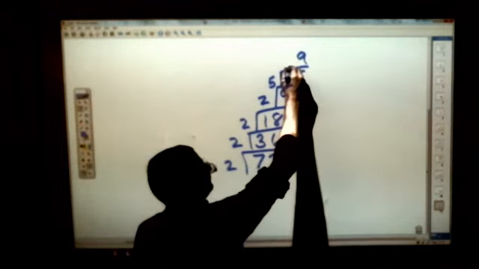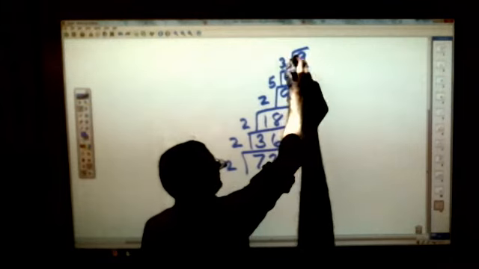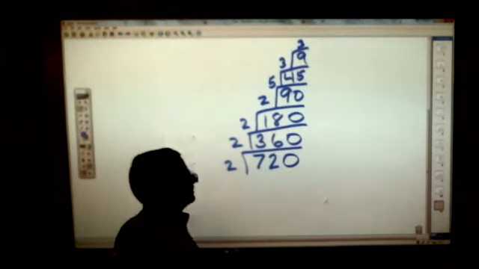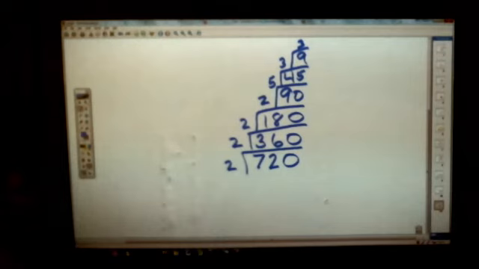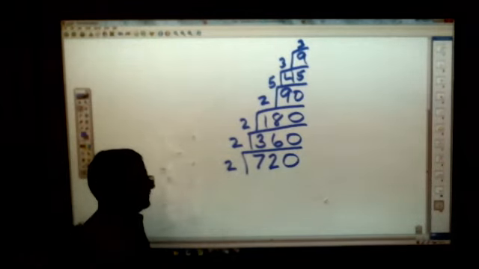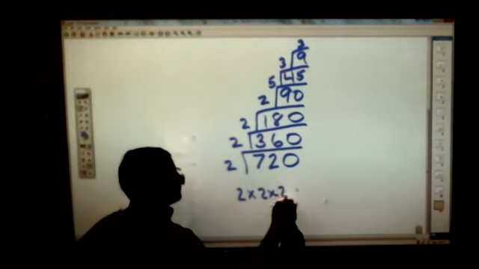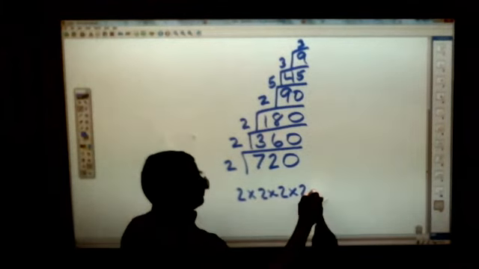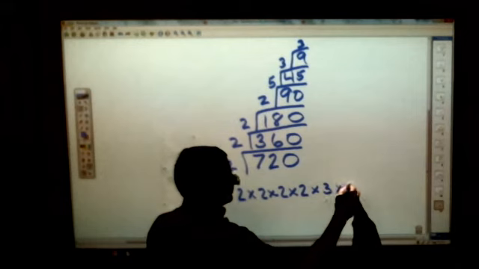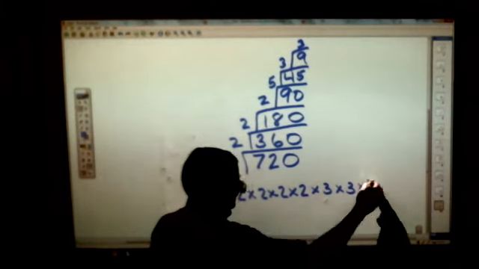Not yet, because I have to divide it by 3. And once my answer is 3, I'm done. So all those things on the outside of my divisions are my answer. I have 4 2s, 2 3s, again try to write them in order, and a 5.